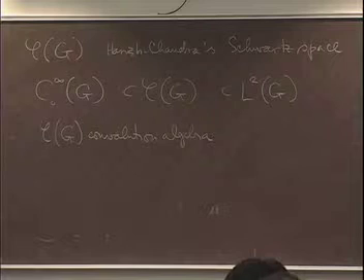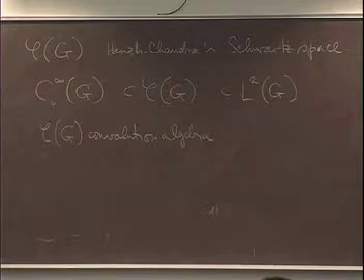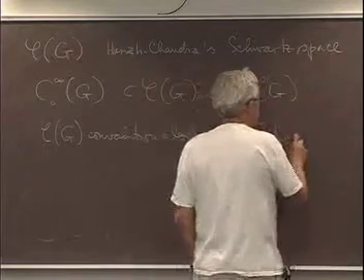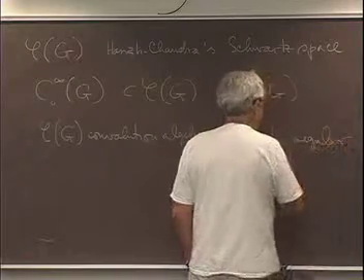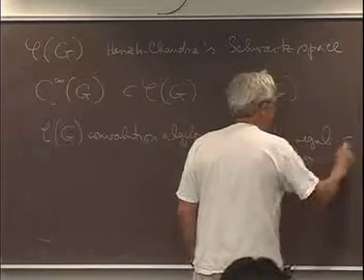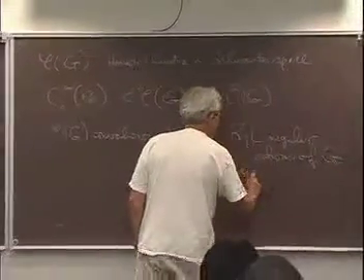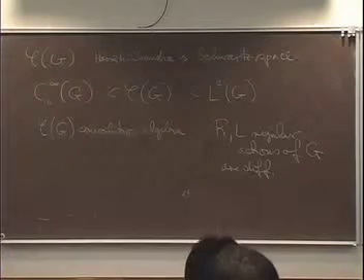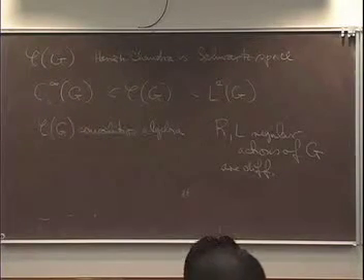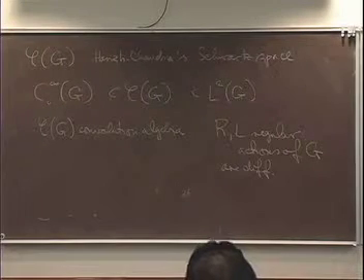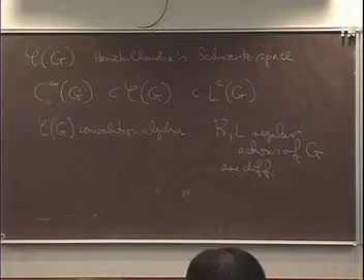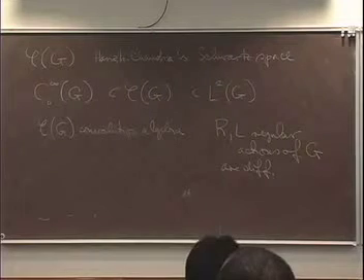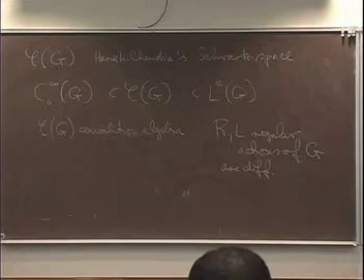Another two technical properties which I didn't mention: the right and left regular actions of G are differentiable. Therefore I can differentiate this and I get the action of the Lie algebra and the action of the enveloping algebra from left and from right, and these were the actions I was using in defining the seminorms.